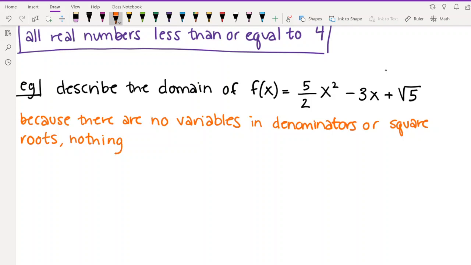Like nothing is going to make this undefined. And so if nothing can go wrong, what does that tell you about what you're allowed to plug in? It tells you can plug in any real number you want. So that means that the domain is all real numbers.